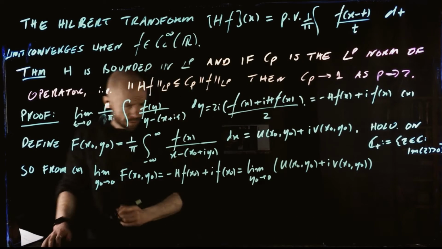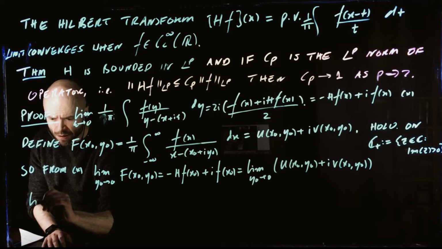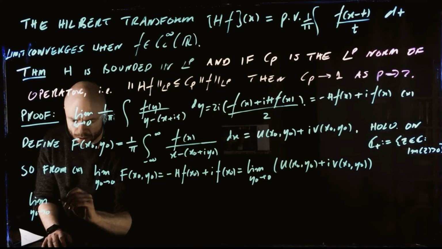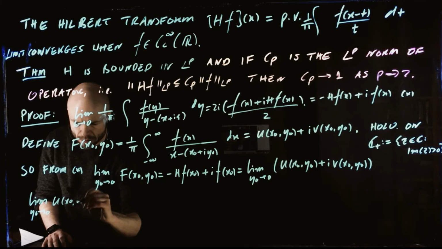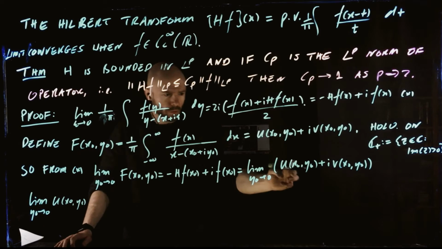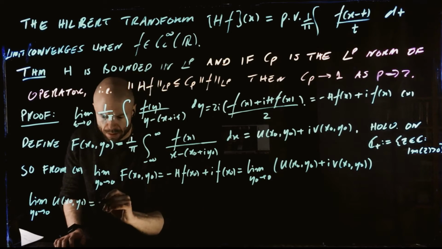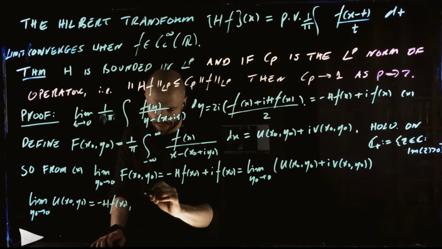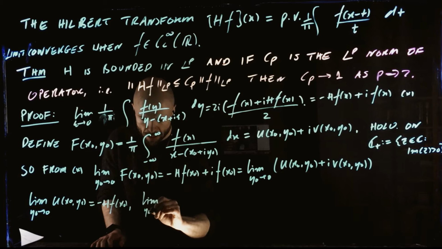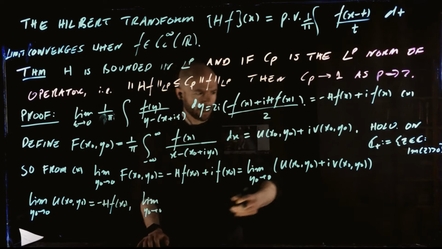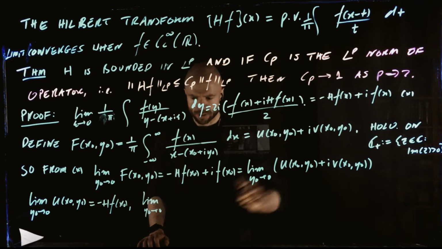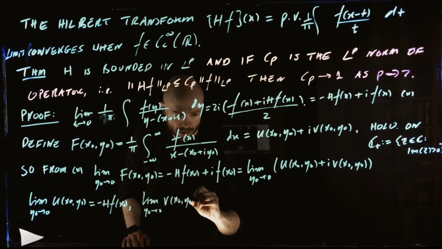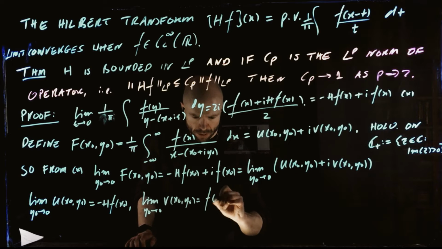So in other words, the limit as y0 goes towards 0 of u of x0, y0 will be minus the Hilbert transform of f of x0 like this. And the limit as y0 goes towards 0 of this guy will be our function f of x0.